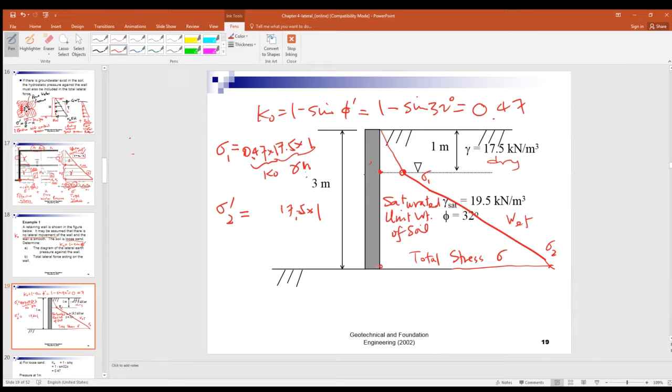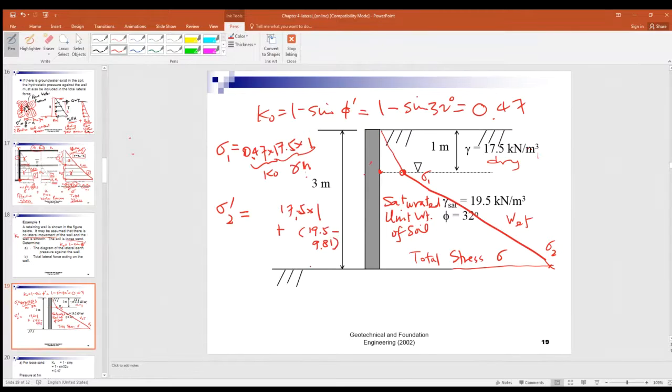And then you come to this point, plus what? What's the effective unit weight here? 19.5 is the saturated, minus 9.81.